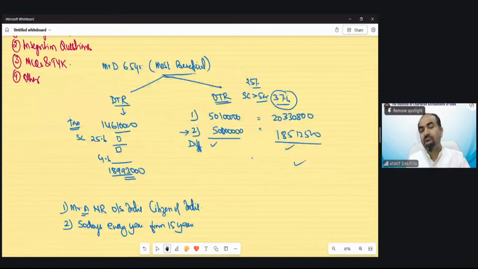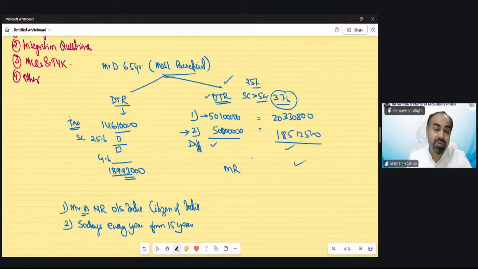Why? Because the marginal relief concept is applicable when your income is slightly above the total income range at which the surcharge rate changes. Like in this illustration that we have solved, under the optional tax regime the income was 5 crore 1 lakh.